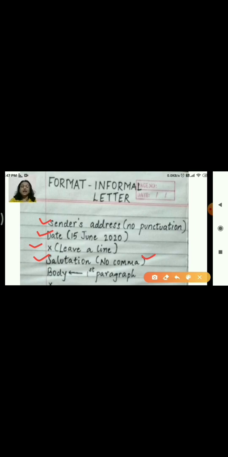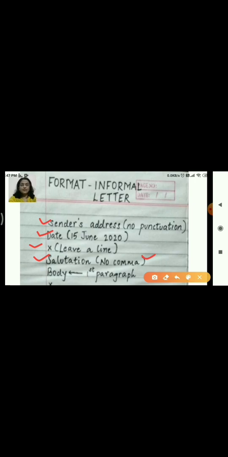Now after the salutation, you will not leave a line, but you will start with your paragraph. How many paragraphs should be there in a letter? Do you remember? Three paragraphs. Which are they? The first one should be the introductory paragraph, where you just ask in general about the person's health and how are you and all those things.